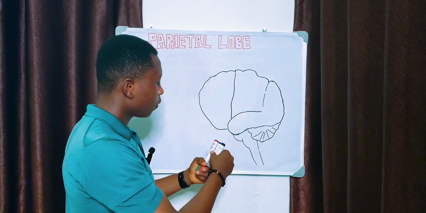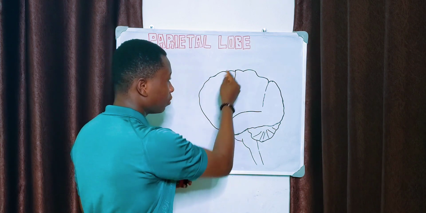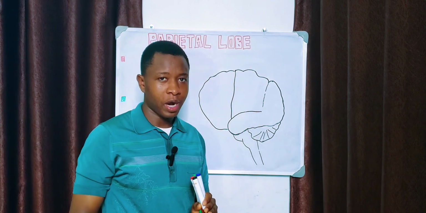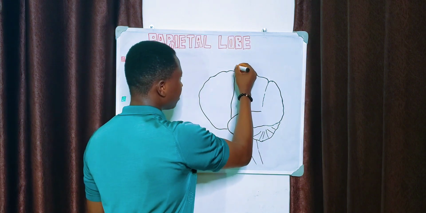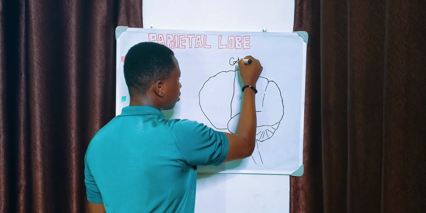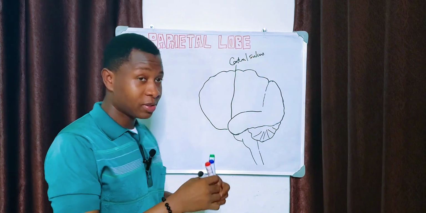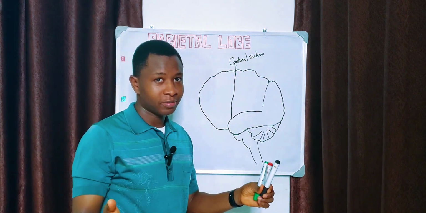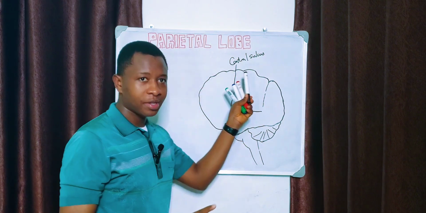All right. So we know that there is a separation between the frontal lobe and the parietal lobe, right? And that separation is called the central sulcus. And wherever you have a sulcus, you must have a gyrus, isn't it? So you have the gyrus posterior to the central sulcus.